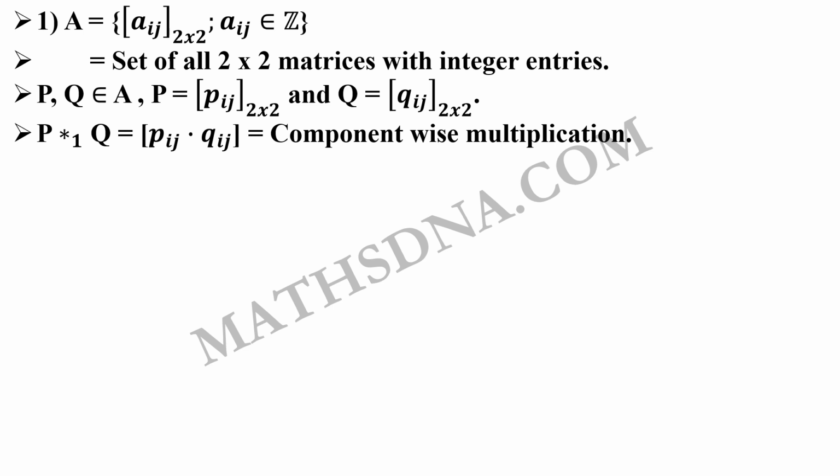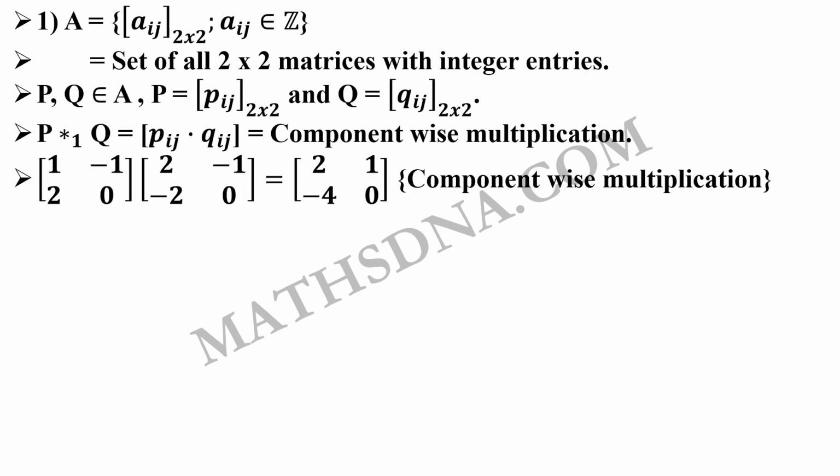In matrix there are two types of multiplication: component wise multiplication and ordinary matrix multiplication. You already know what is ordinary matrix multiplication, but here we have defined it as component wise multiplication. Let me give you an example to make it more clear.